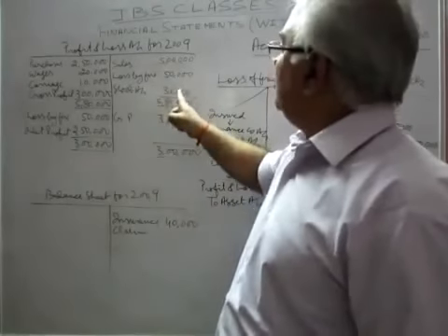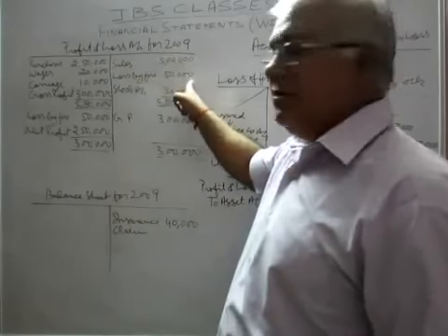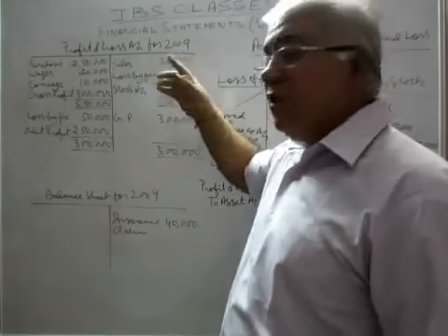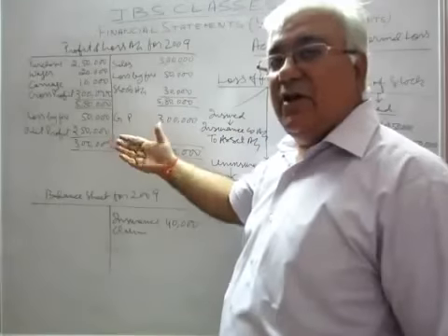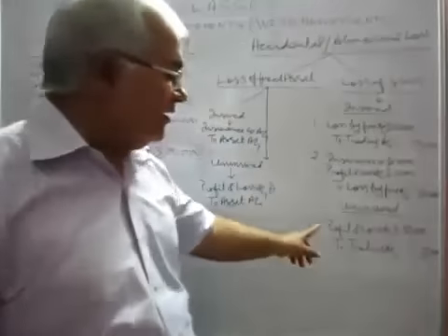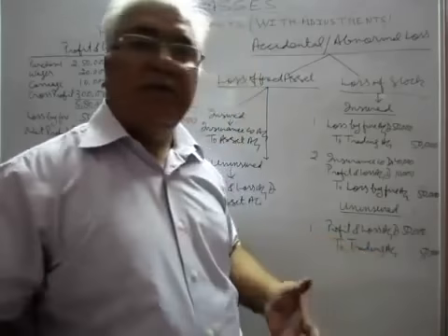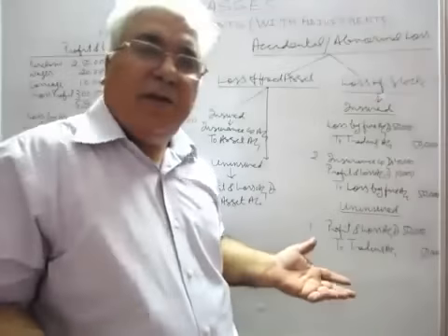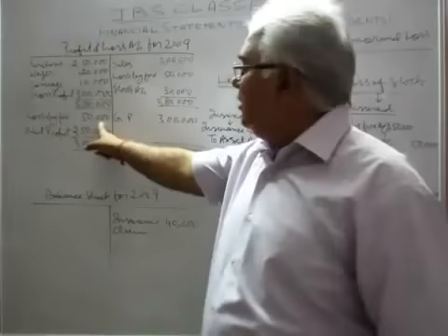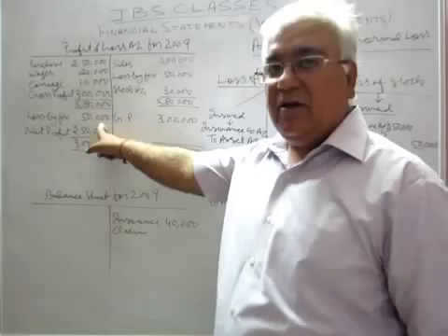You see, loss by fire 50,000, and out of this, if the whole loss is ours, for example if it was uninsured, then we would have passed this entry, profit and loss account debited to trading account, because insurance company has not to bear it. So in this case the whole amount of loss would be debited to P&L account.